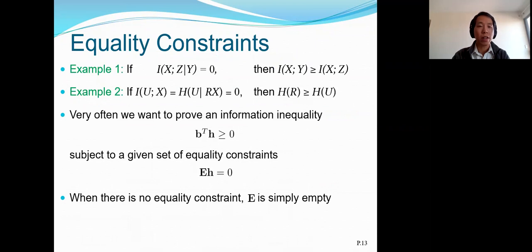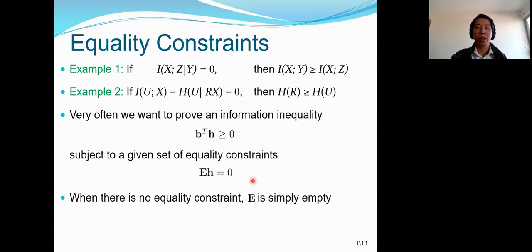We have seen 2 examples at the beginning, the data processing inequality and the perfect secrecy theorem. In those problems, we usually have equality constraints which are given according to the system definition. So it is very common that we have some equality constraints we need to input to the system as well.